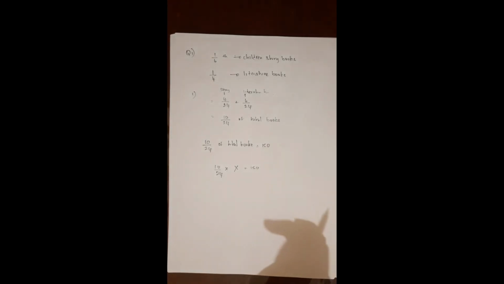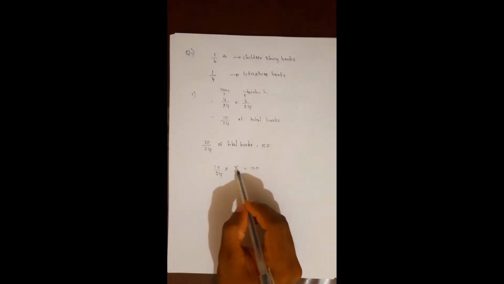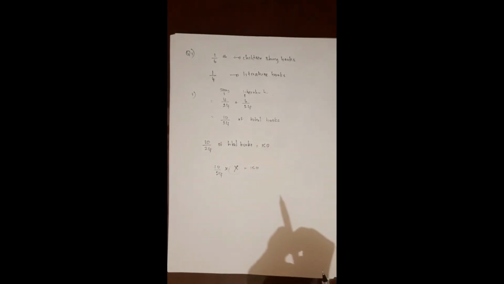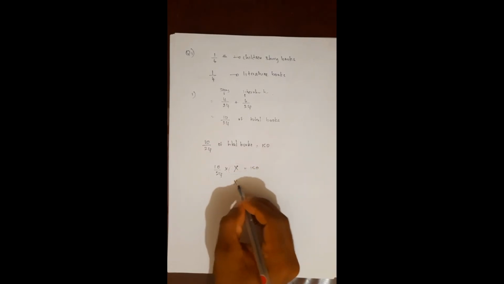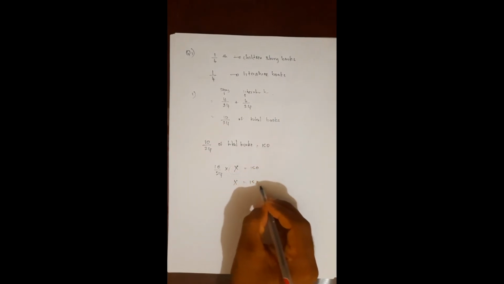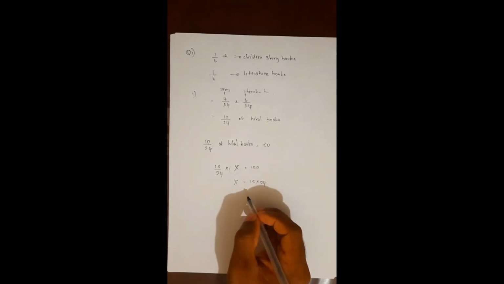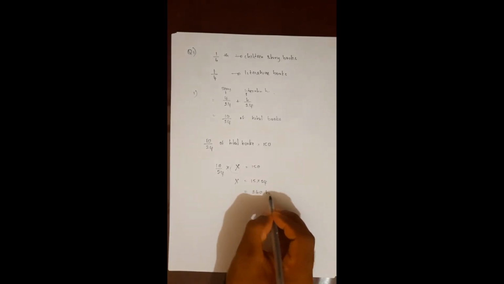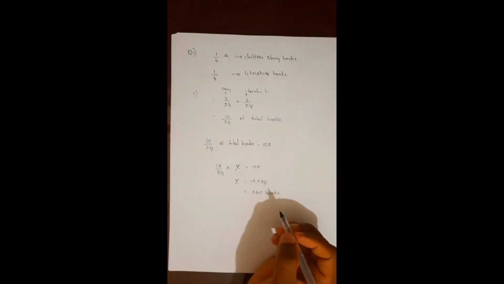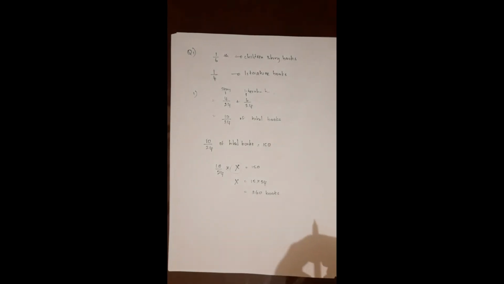Through this we can find the total number of books. So X is equal to 15 into 24, so X is equal to 360 books. So the total number of books is 360.